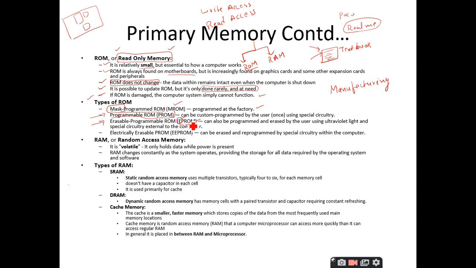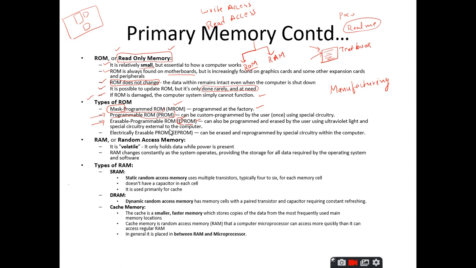That means you are having a ROM which is programmable and it is erasable also. It is not restricted that the programmer has to program it at the starting point only. For example, you bought an EPROM, you have written some contents into it. It is not over. If you want to change the contents, you can change it.